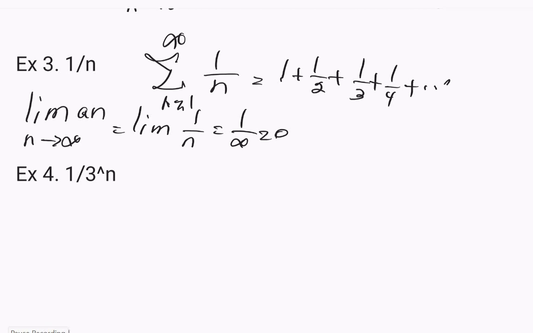So it's equal to 0, and it may or may not diverge. The limit of the sequence is converging, but what happens to the series? We have something very small, gradually getting smaller and smaller, but it's still adding. So the series is diverging. The sequence converges, but the series diverges.